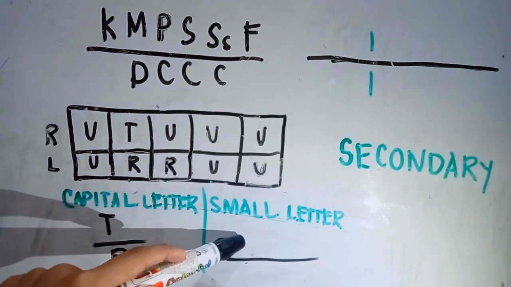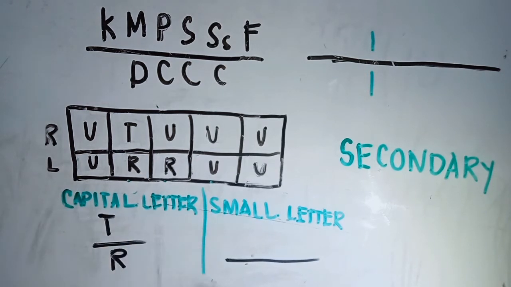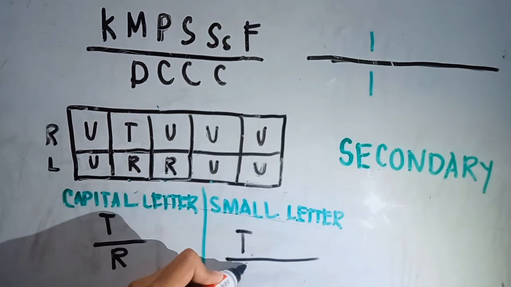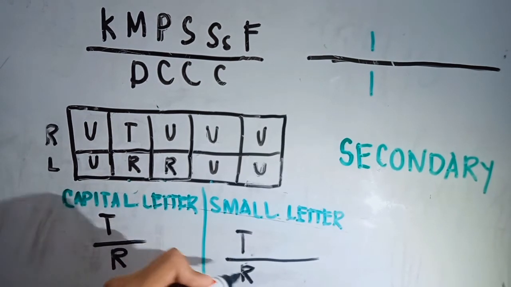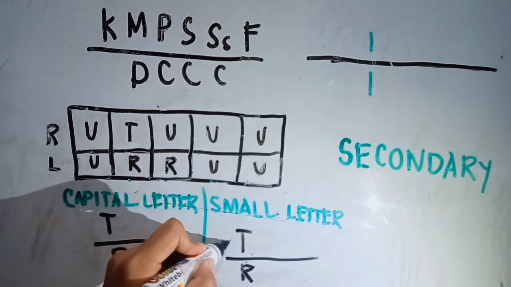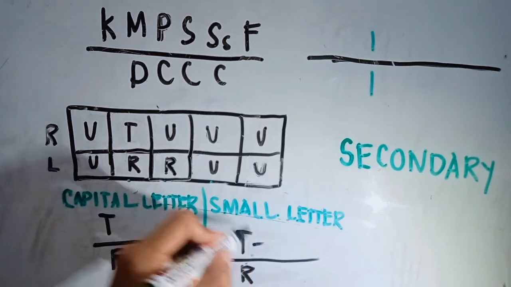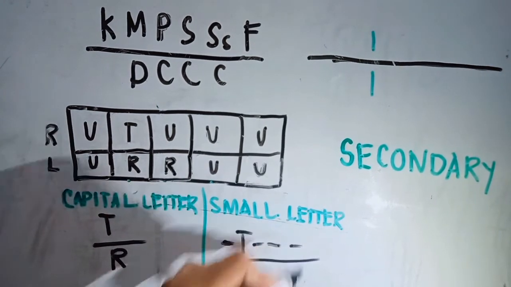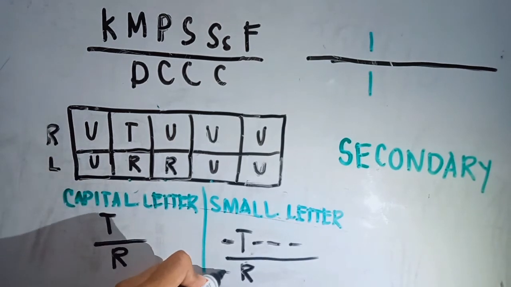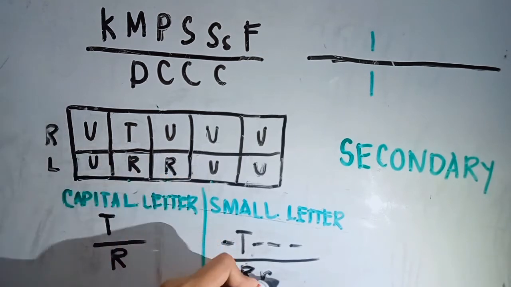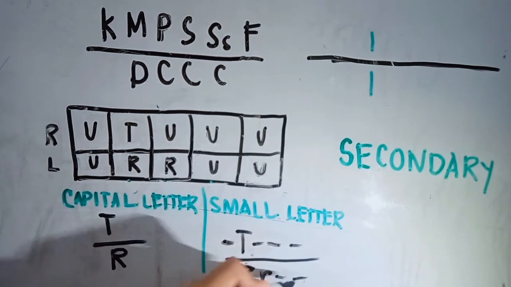Note, when it is not included, put a dash symbol. Copy the capital letter group and then the dashes, dash r, small letter r, dash dash.